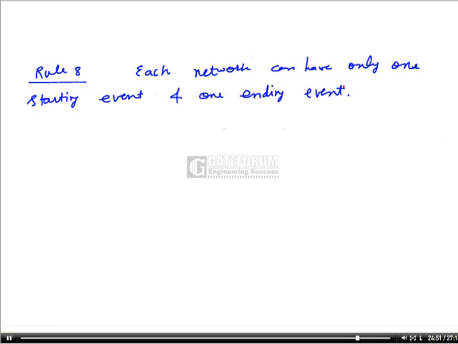So these are the rules which should be followed while drawing a network. Now, how to number the given network?